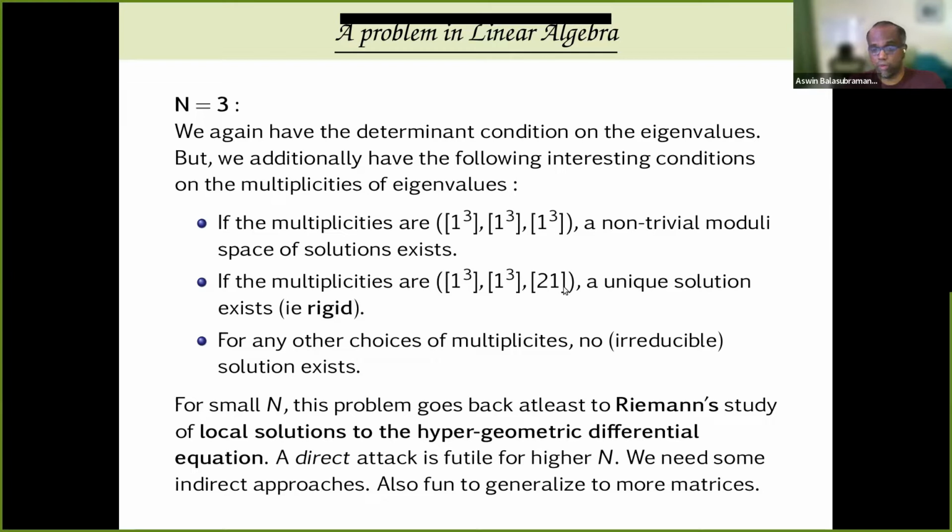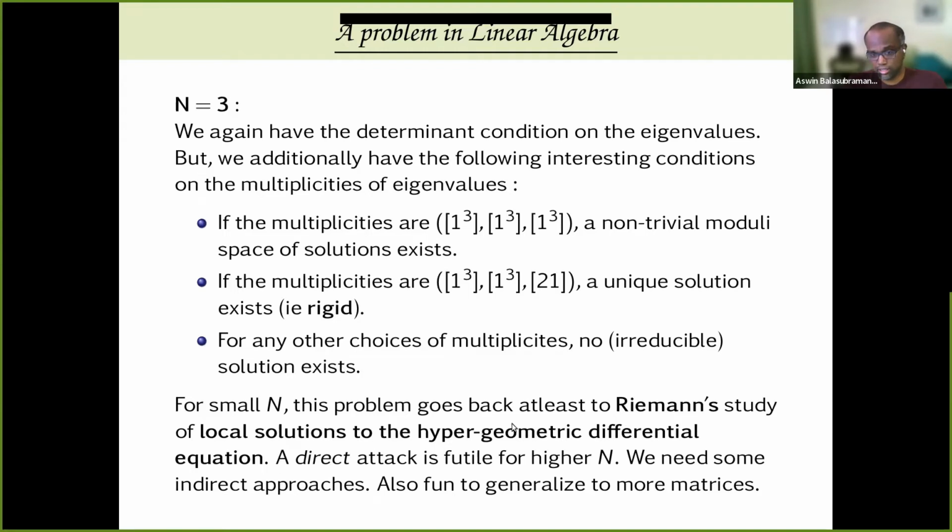And if you make one of the matrices have repeated eigenvalues, you can still find a solution, but this is similar to the GL2 case that I outlined earlier. In this case, you have a unique solution after conjugacy. In other words, you again have the phenomenon of rigidity. Funnily, for any other choice of multiplicities, there is actually no irreducible solution.